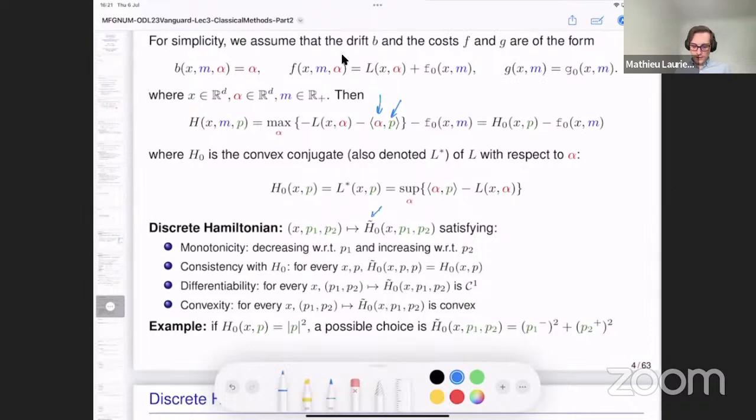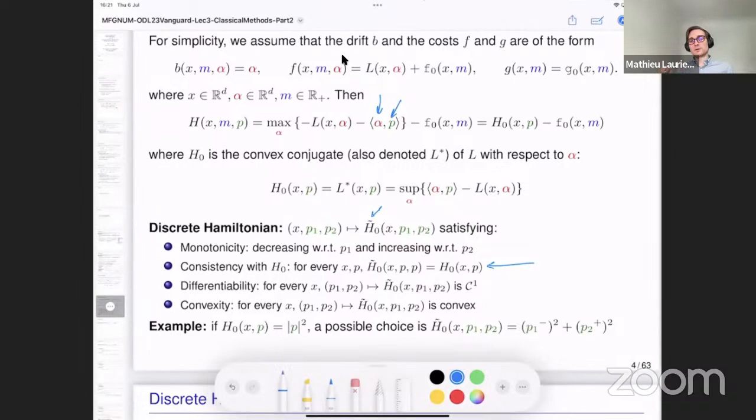Because h tilde 0 should be consistent with h0, of course you need some assumptions on h0 in order to get convexity, for example. So let's take a simple situation where h0 of p is p squared. So what does it mean intuitively?